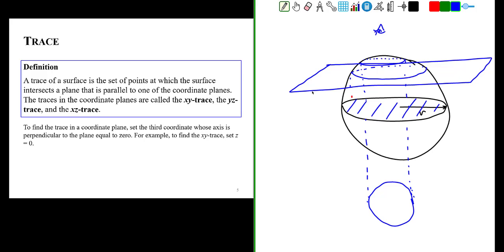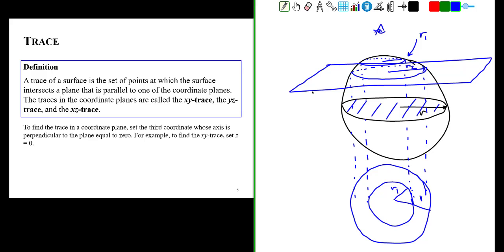And again, if we were to look straight down onto the sphere, that slice would look like a circle of a different radius. We'll call this one up here a circle of radius R1. Here we have a circle of radius R2.